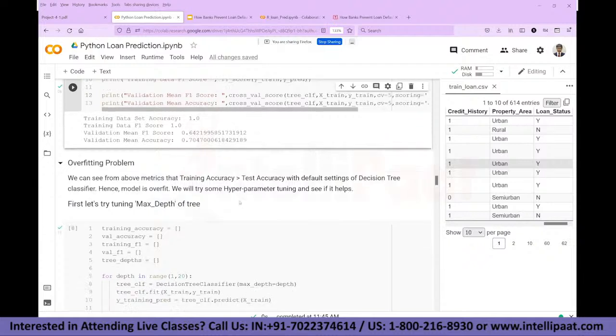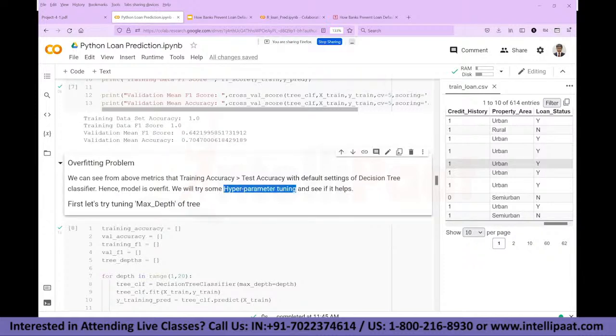So the testing accuracy with default settings for the decision tree classifier shows the model is overfit. We'll try some hyperparameter tuning. Note this term, hyperparameter tuning, because this is the majority of the job of a data scientist. You will build your model, you will do everything, but if you're not smart in tuning, your models are of no use.